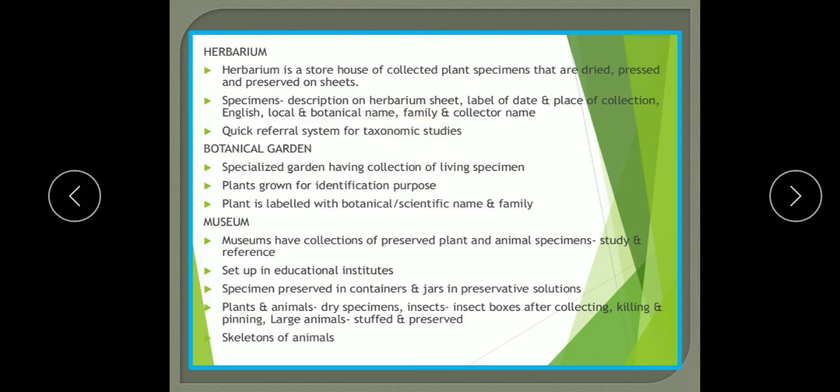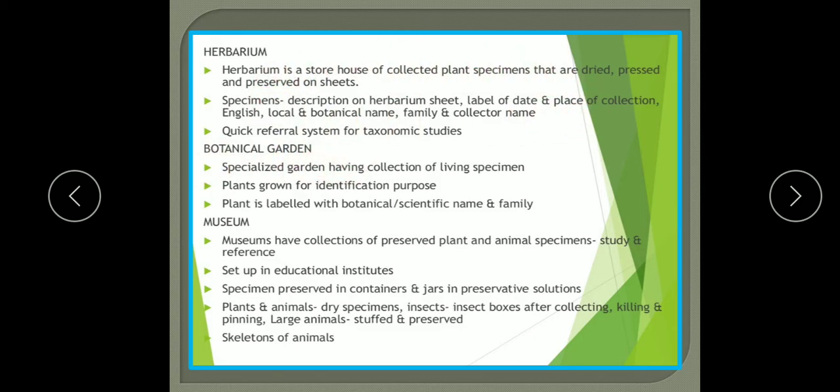Further, they are ideal for research and training purposes, and they help in the preservation of voucher specimens, on which cytochemical studies can be conducted. So this is the role of the herbarium.